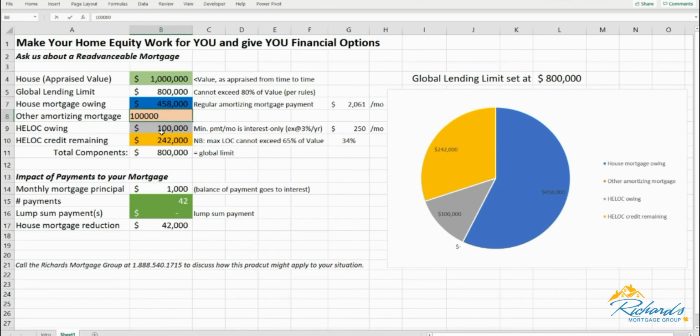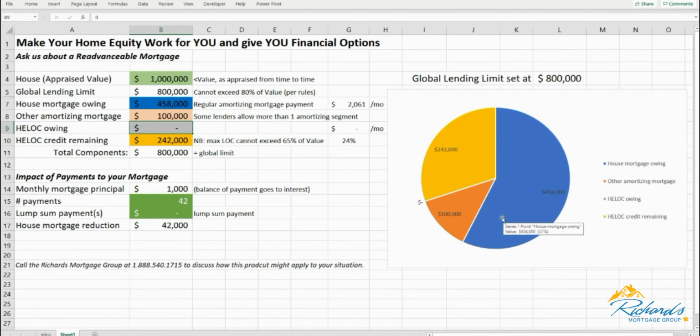So we convert the HELOC into an amortizing mortgage, and that money reduces the HELOC balance back down to zero. You no longer have an interest payment. Now you have your regular house payment, and you have a $100,000 investment that you made in the rental property.